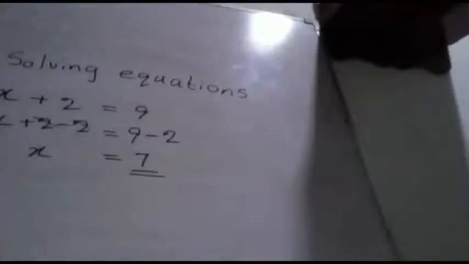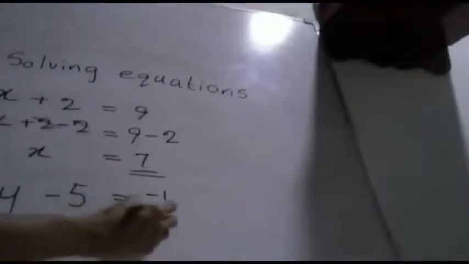Next one. y subtract 5 is equal to negative 1. Here we have subtract 5. We remove this 5 from the left hand side.